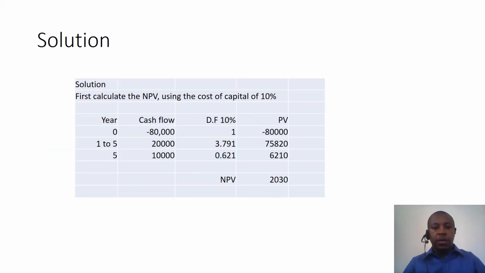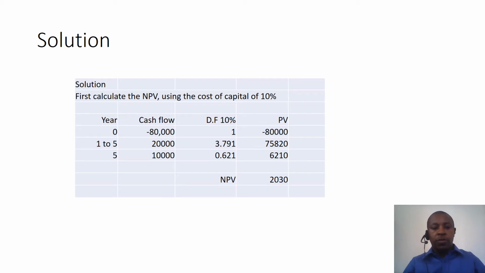Solution: first, calculate the net present value using the cost of capital of 10%. So we have our table. Year 0 cash outflow of $80,000, discount factor 1, gives $80,000 outflow.